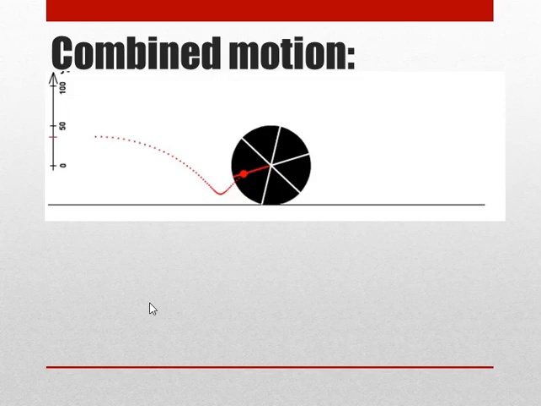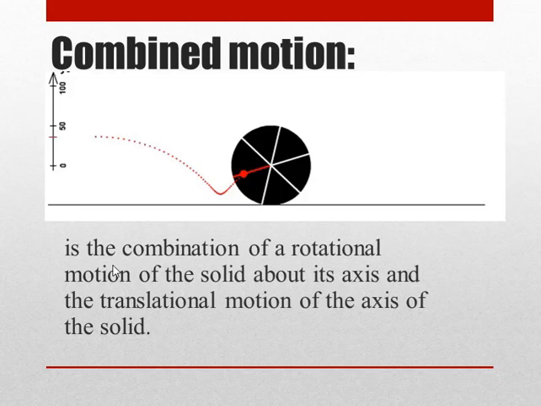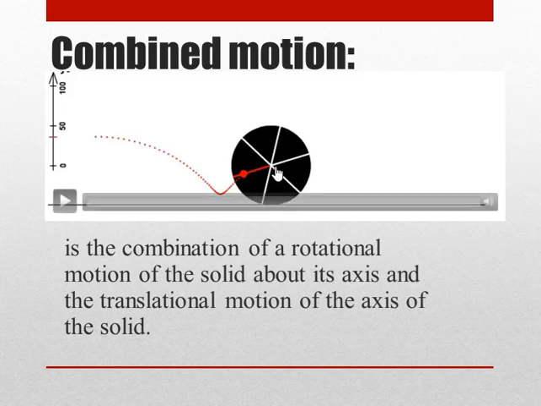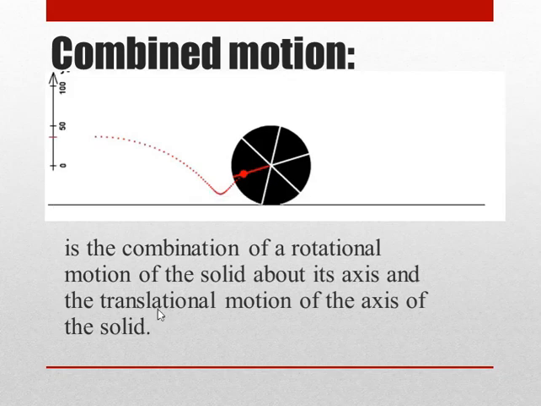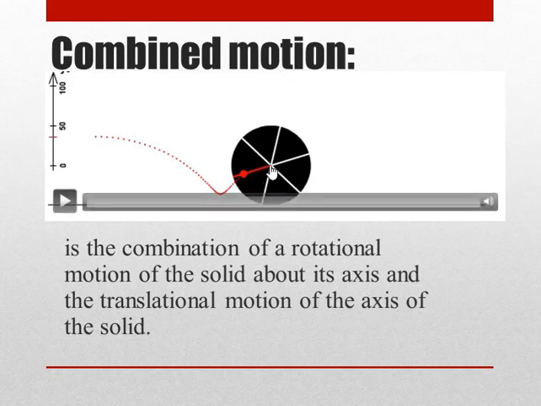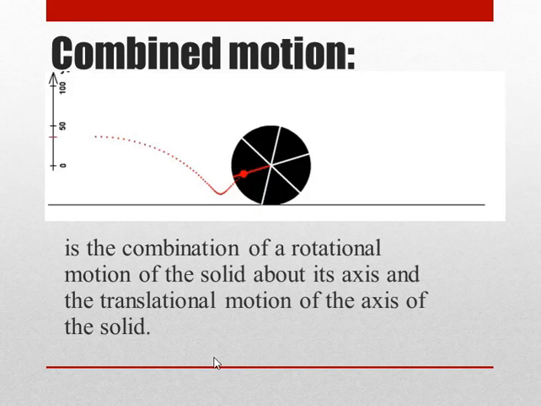This is the combination of rectilinear translational motion and rotational motion. The definition is the combination of a rotational motion of the solid about its axis in the middle and the translational motion of the axis of the solid.